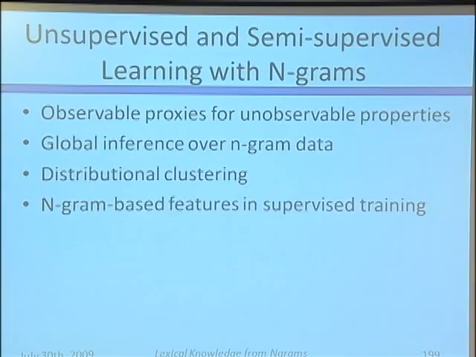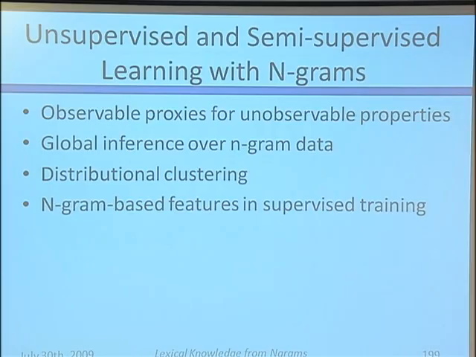So this is like a 2-page summary of the workshop. So what did we do? Well, essentially, we developed techniques and experimented with unsupervised and semi-supervised learning techniques with the n-gram data. And looking back, we applied quite a variety of techniques.